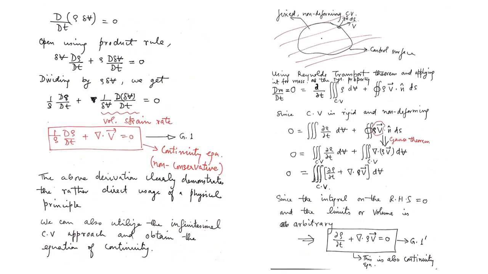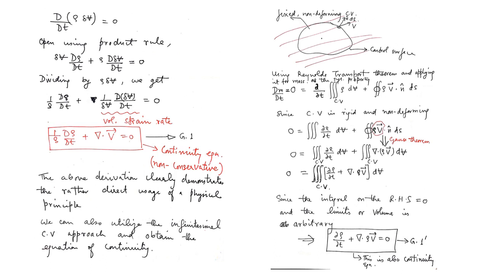So material derivative of density, and density is given symbol rho, and the volume, notional volume of the particle written as delta V. And then I open this out using the product rule. So, and finally if I divide by the mass of the particle itself, which is rho delta V, we get an equation of this type: 1 by rho D rho/Dt plus 1 by delta V and D/Dt of the quantity delta V.